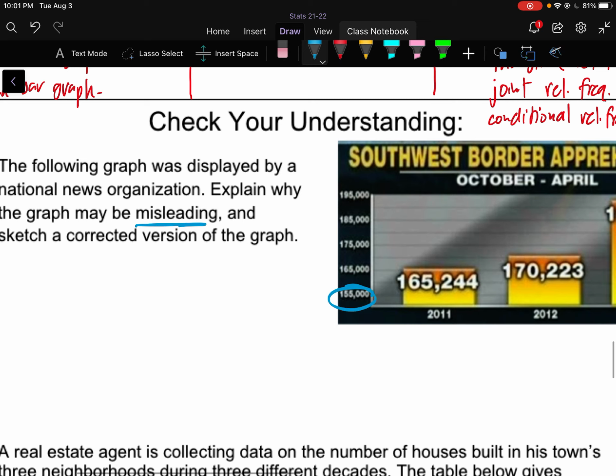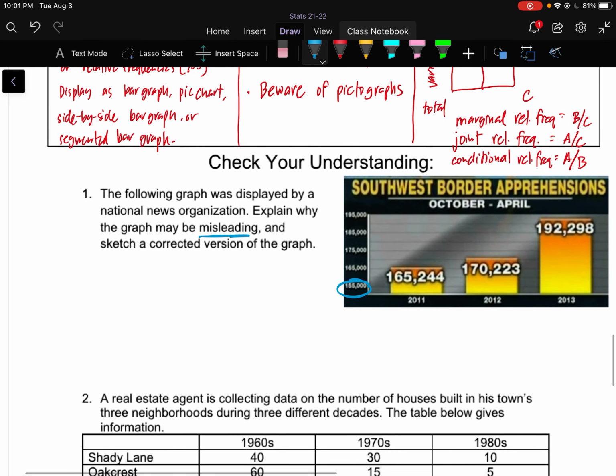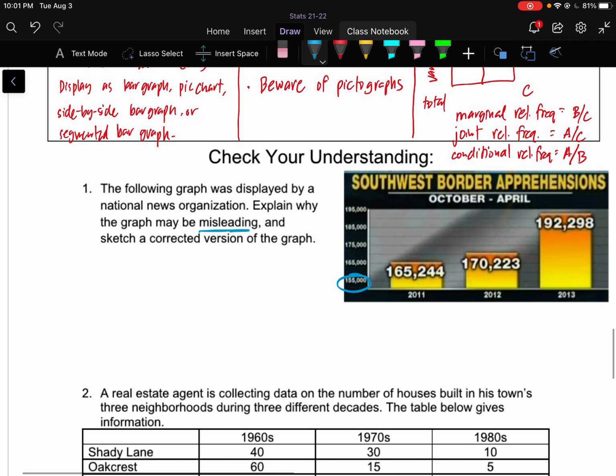When I look at the vertical axis, it is starting at about 155,000. So there's a whole chunk of the bar that's not visible because the axis didn't start at 0. The effect that has is it makes the data here seem like it's twice as much as that one, right?